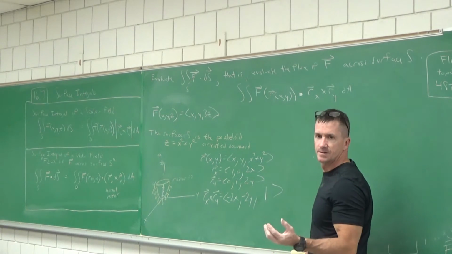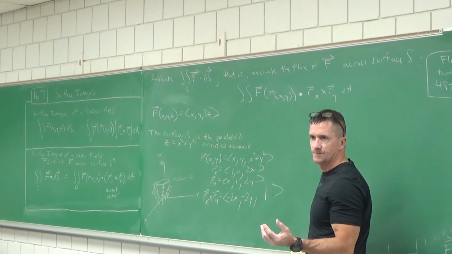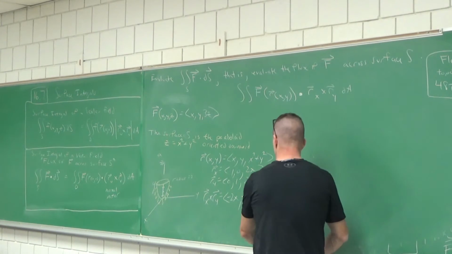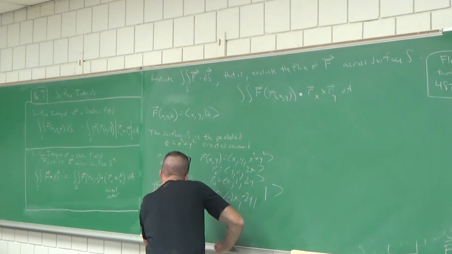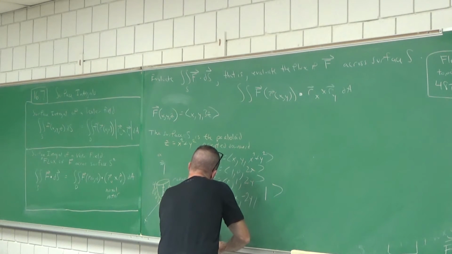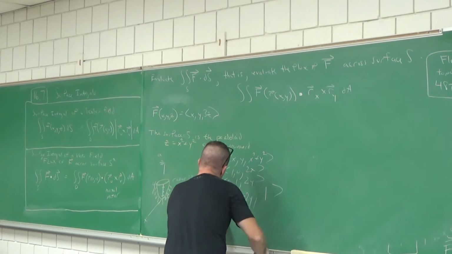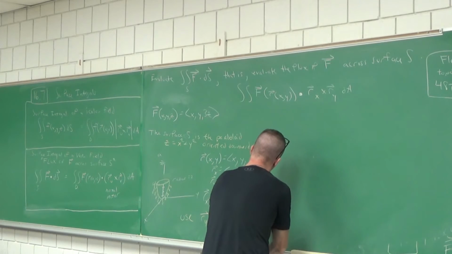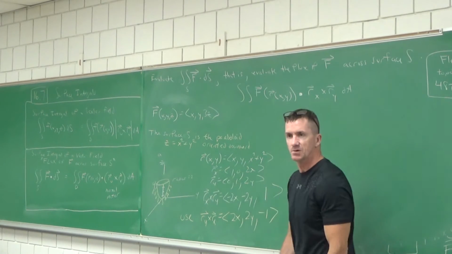Help me out. What should I use for my normal vector? We're going to use the one that goes in the opposite direction: 2x, 2y, negative 1. That's the secret to section 16.7.